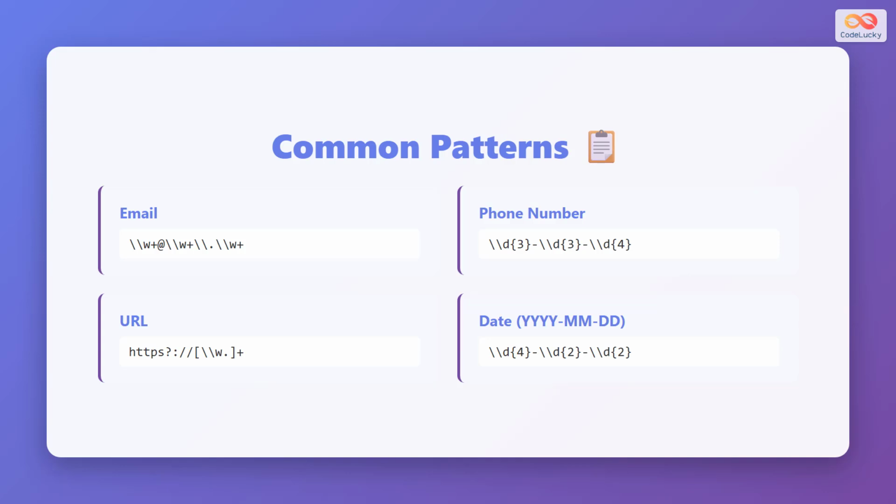To match URLs starting with HTTP or HTTPS, use https:// followed by \w+. And for dates in the format year, month, day, use \d{4}-\d{2}-\d{2}. These patterns form the foundation for most text validation and extraction tasks you'll encounter in real applications.